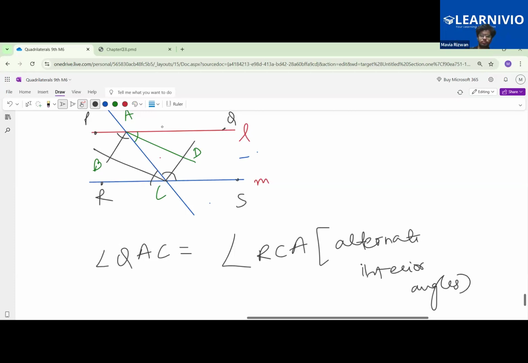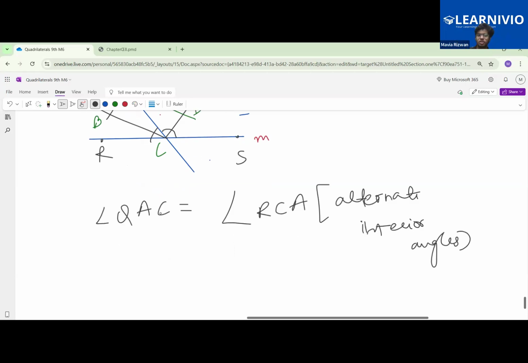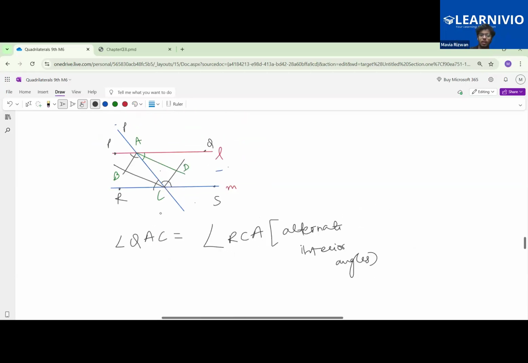Now, these are equal because of alternate interior angles. So this means that half of angle QAC would be equal to half of angle RCA. Now half of angle QAC I can write as angle DAC, because they are saying that it divides it in half. These are the bisectors.